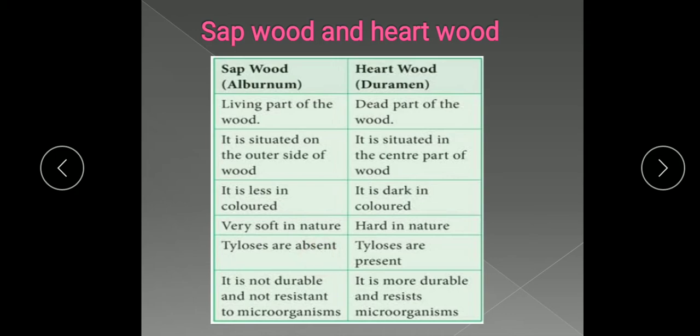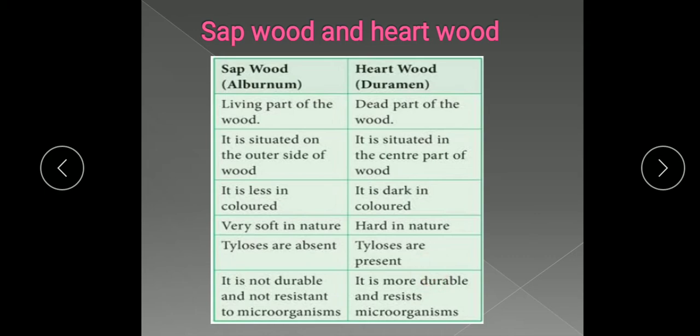Here tyloses are absent, here the tyloses are present. So heartwood contains the tyloses also. The cavity of the xylem vessels in the heartwood becomes clogged with the deposit of gummy materials and the tyloses, and the dark color of the heartwood is also due to tannins or resins or gums.